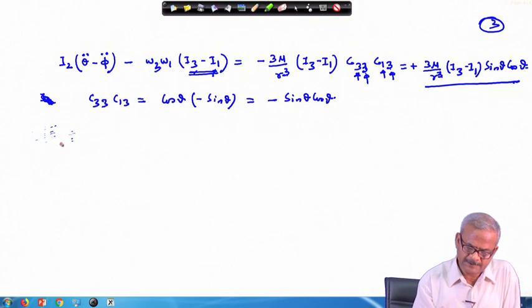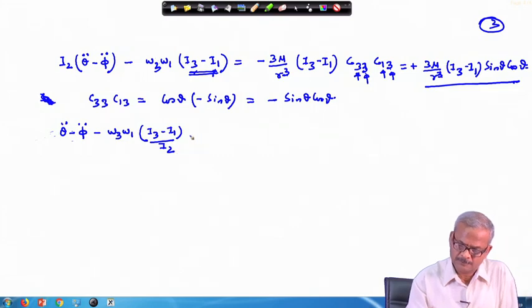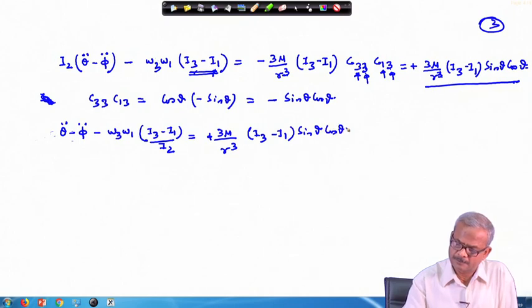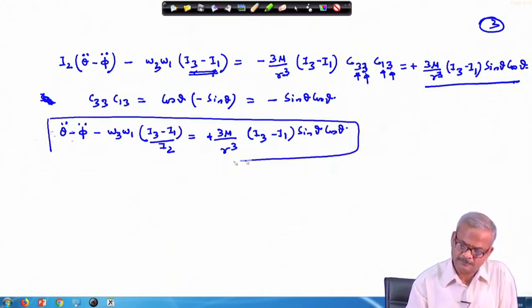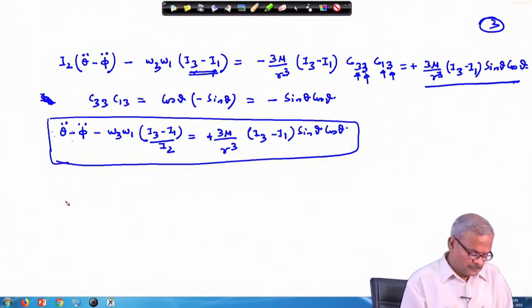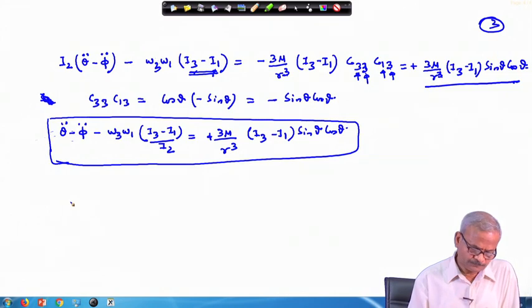So, we will simplify the case here itself: theta double dot minus phi double dot equal to plus 3 mu by r cube. Other equations have already been eliminated.